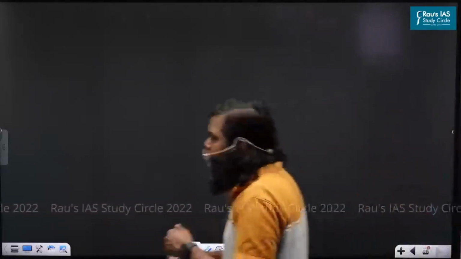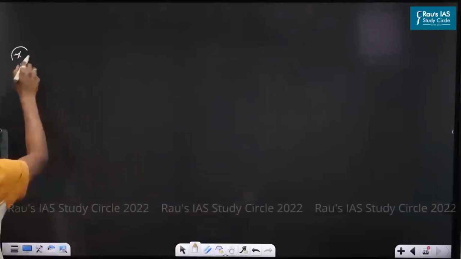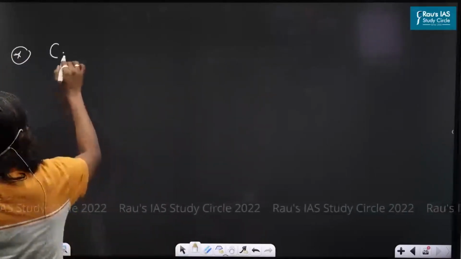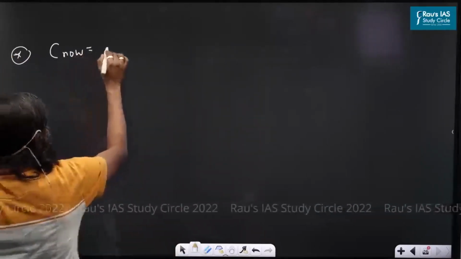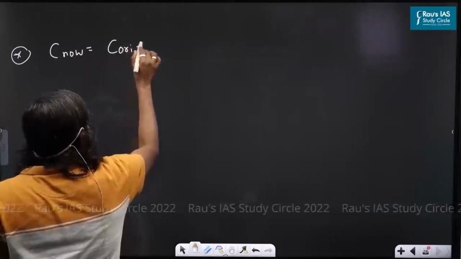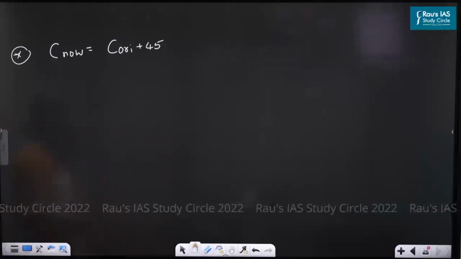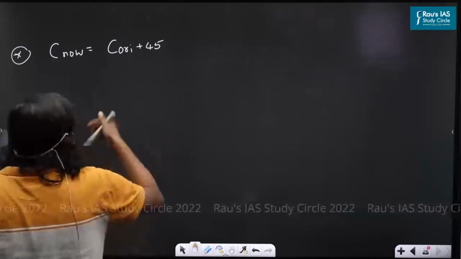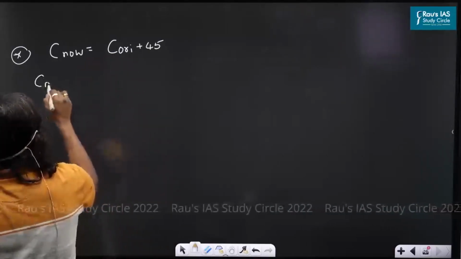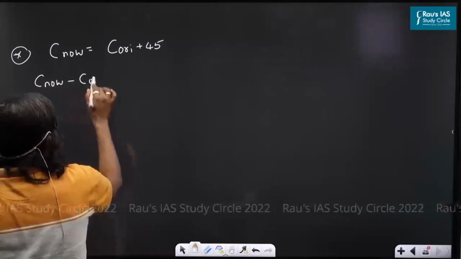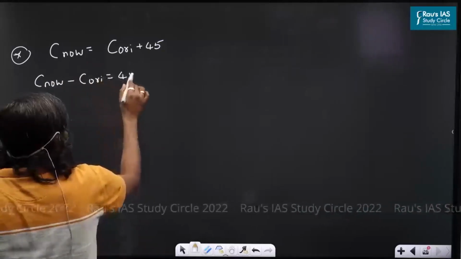What is called new consumption? That means original consumption plus 45. That is new consumption. Understood? Now listen carefully. This will go that side. That means consumption now minus consumption original. That is 45 kg.